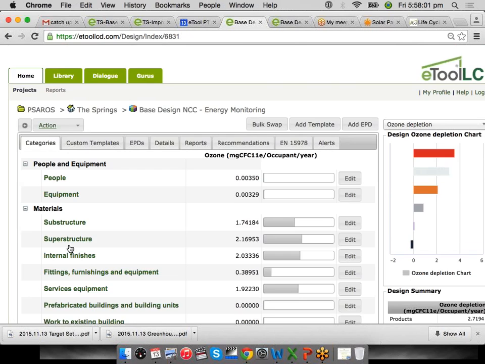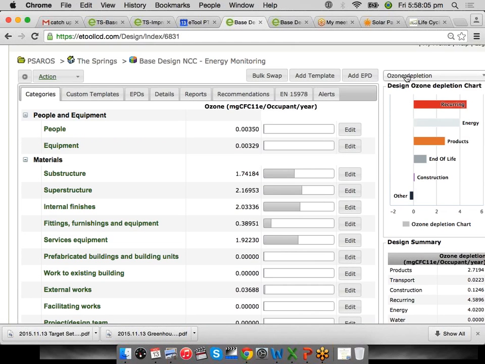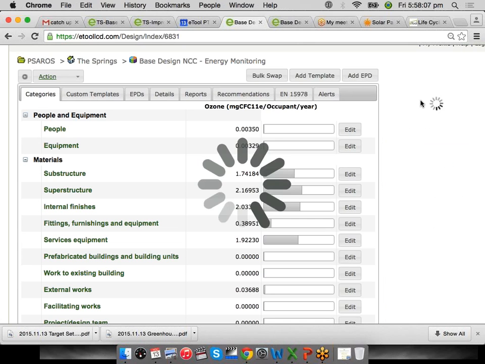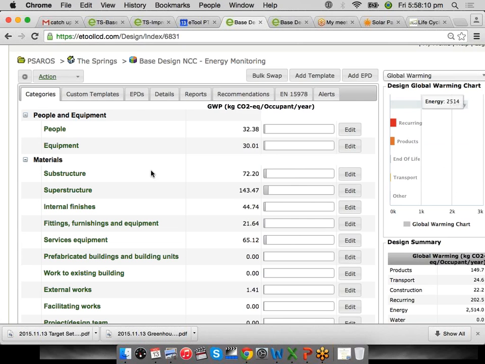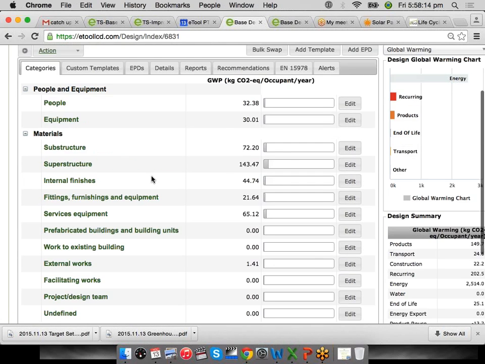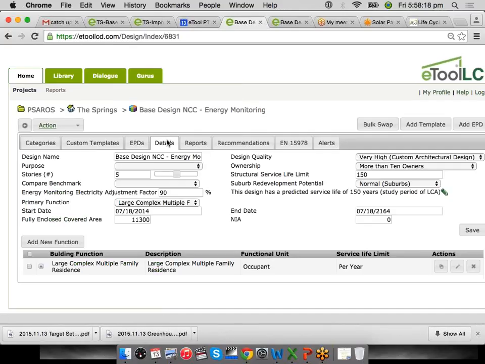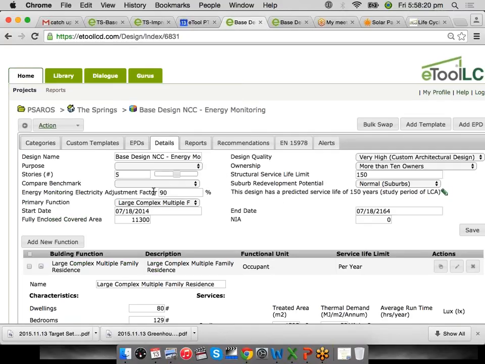There's an example here. If we do include energy monitoring, let's get back to global warming here. There is a field here where we put an adjustment for, oh, here it is, it's already at 90.